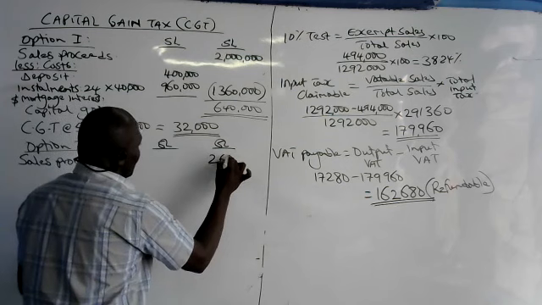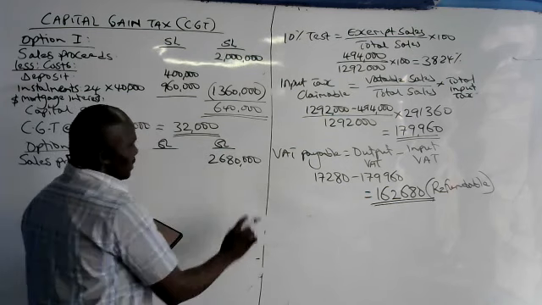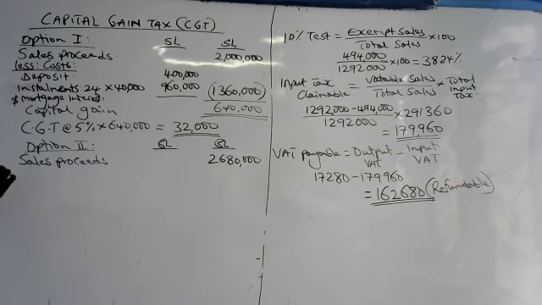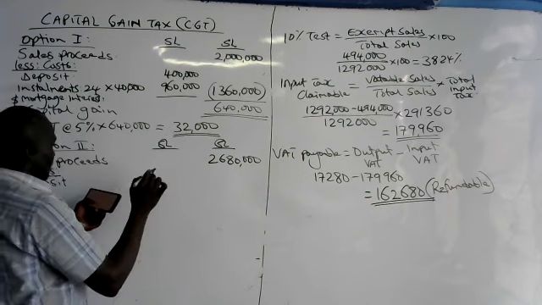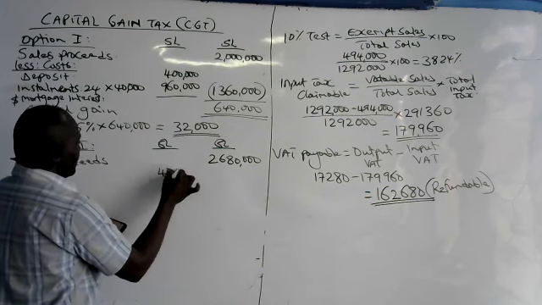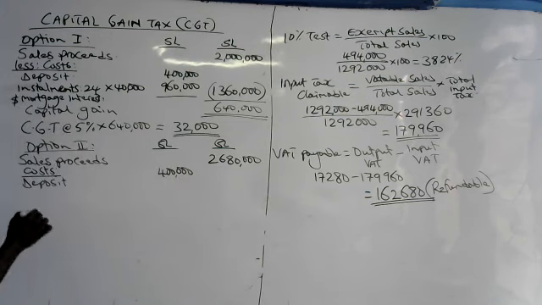So less the costs. We have the deposit. How much deposit did we pay? 400,000. We have installments, installments and interest.